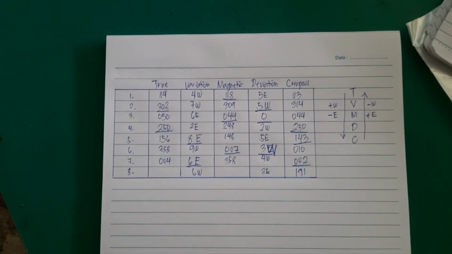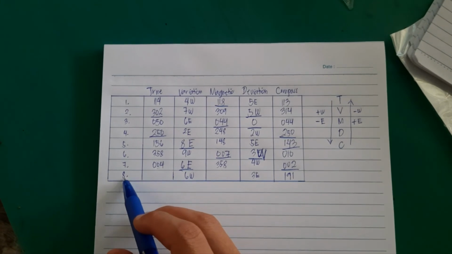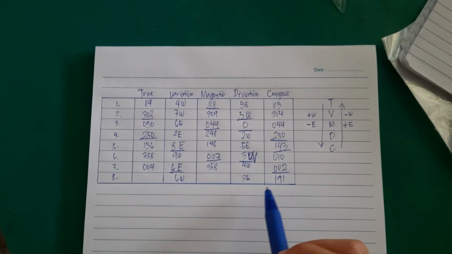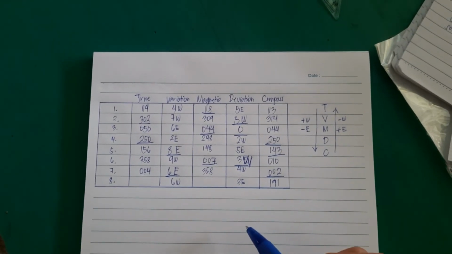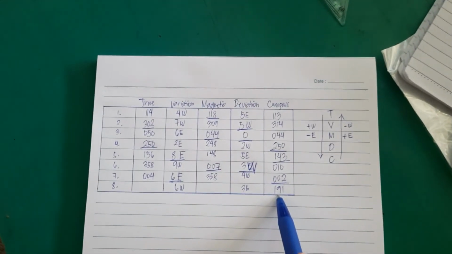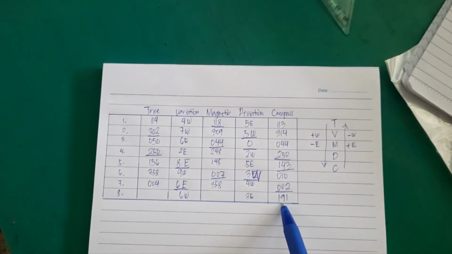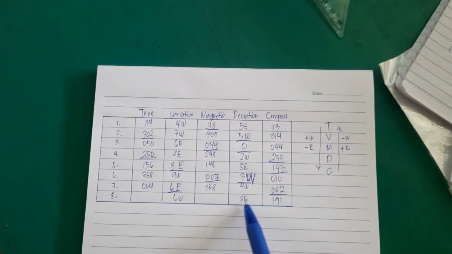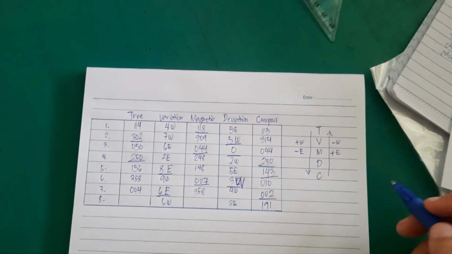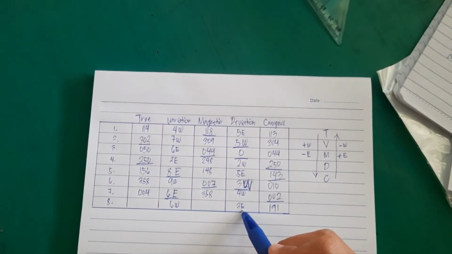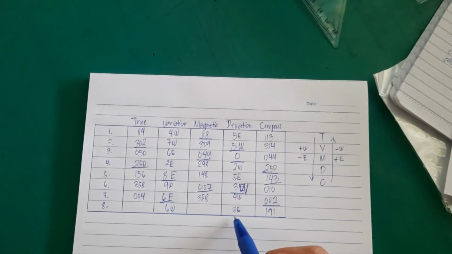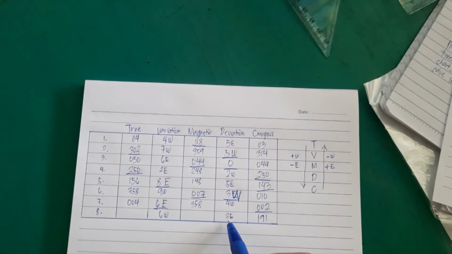And for the last number, number 8, we start here. The applicable rule for this one is compass course to true course. So 191 and 3 east deviation. Since it is east, then it is add: 191 plus 3 east.